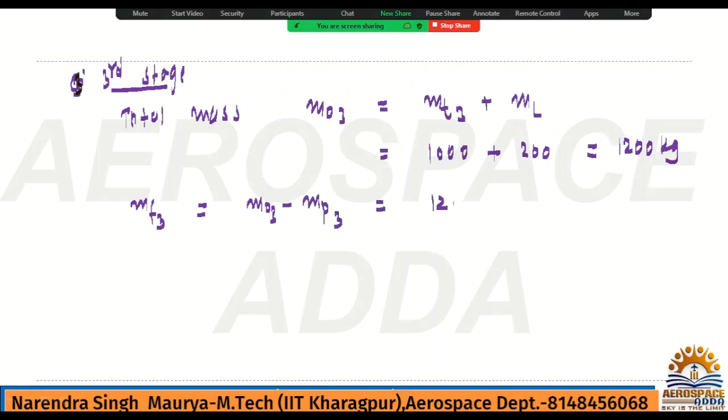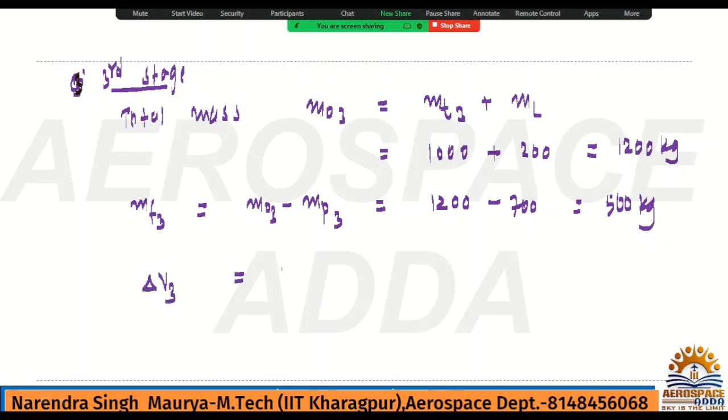So it is 1200 kg minus, what is the mass of the propellant? I think it was 700. Let me check. It is 700, right? So how much will we get? 500 kg.